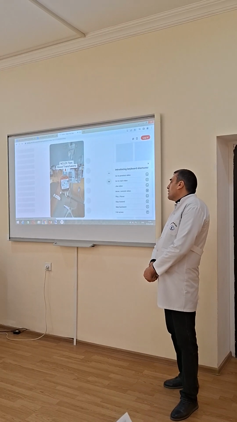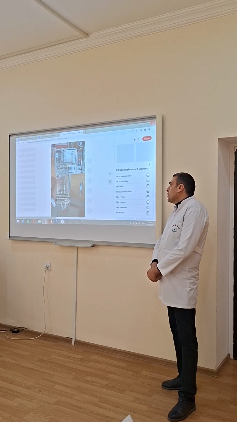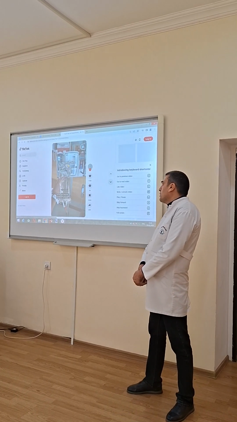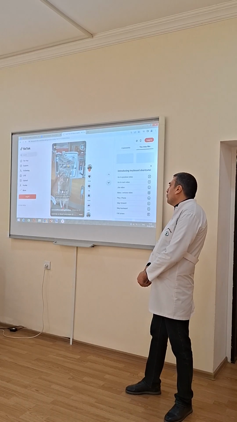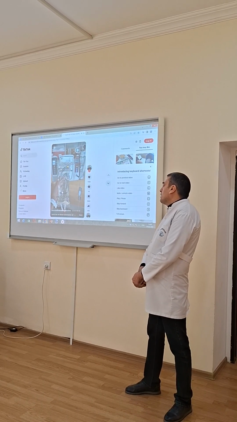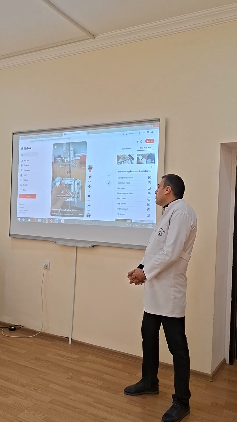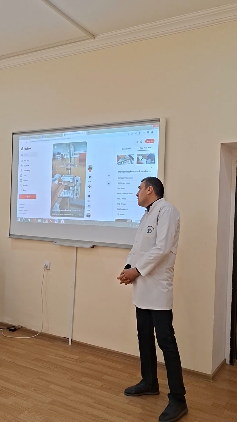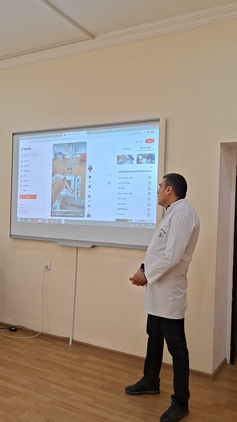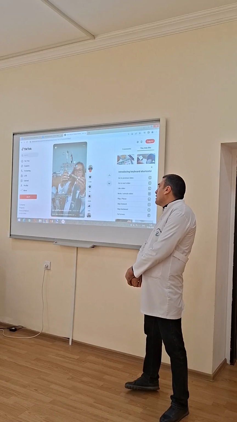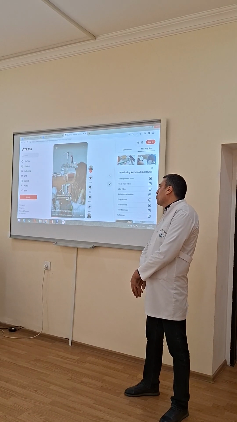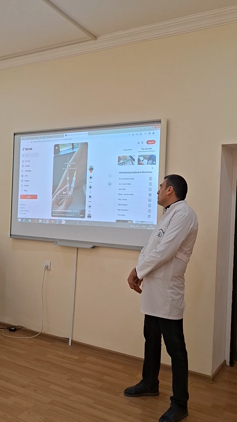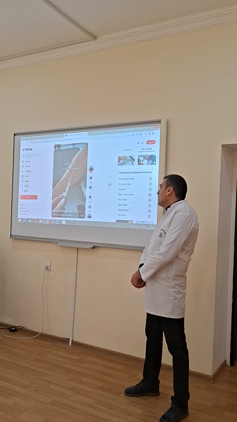Autologous blood transfusion. The procedure is transfusion of the patient's own blood to the person.